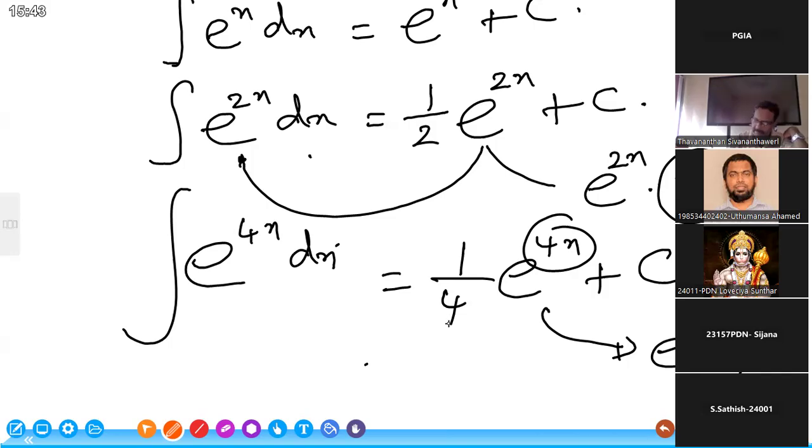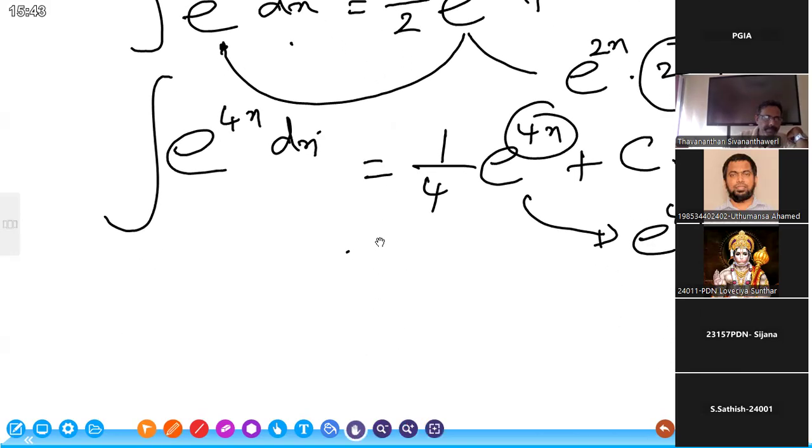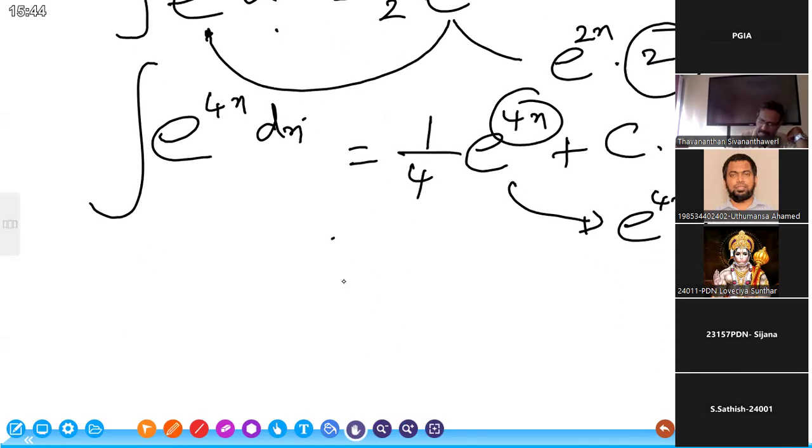Right? Any questions? Integration of e to the power 10x with respect to x.